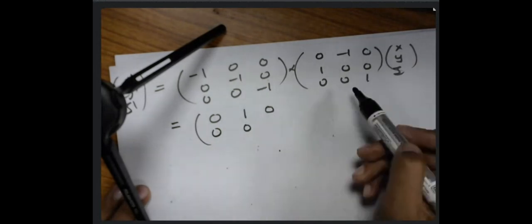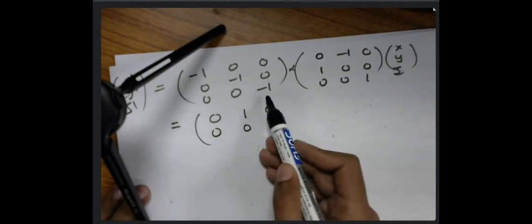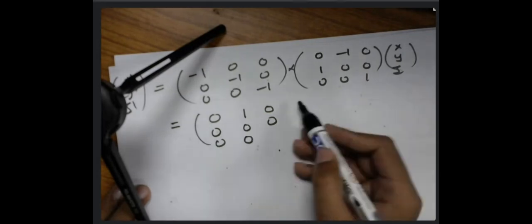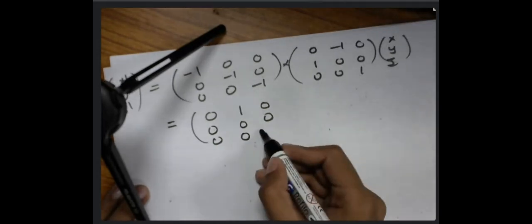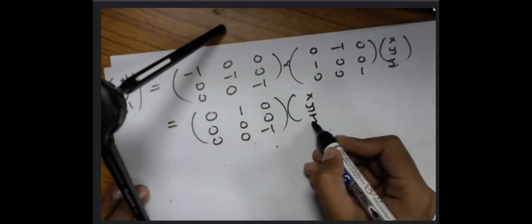Second row, third column, 0. Third row, first column, 0. Third row, second column, 0. Third row, third column will be minus 1. Times x, y, and z.